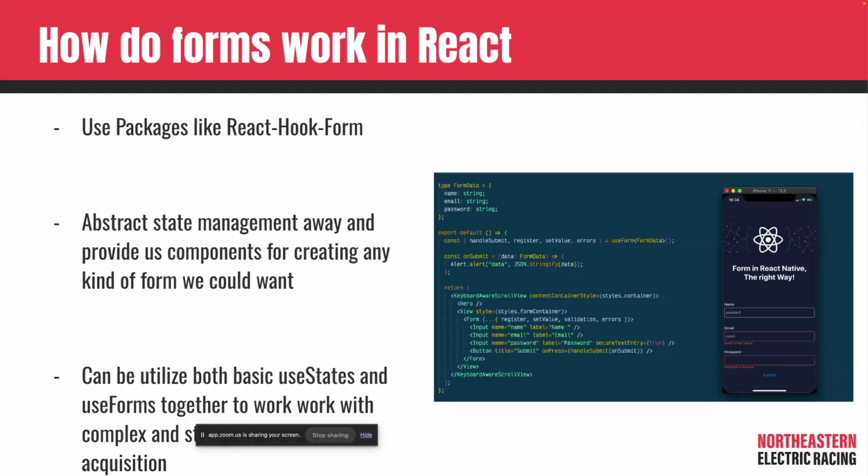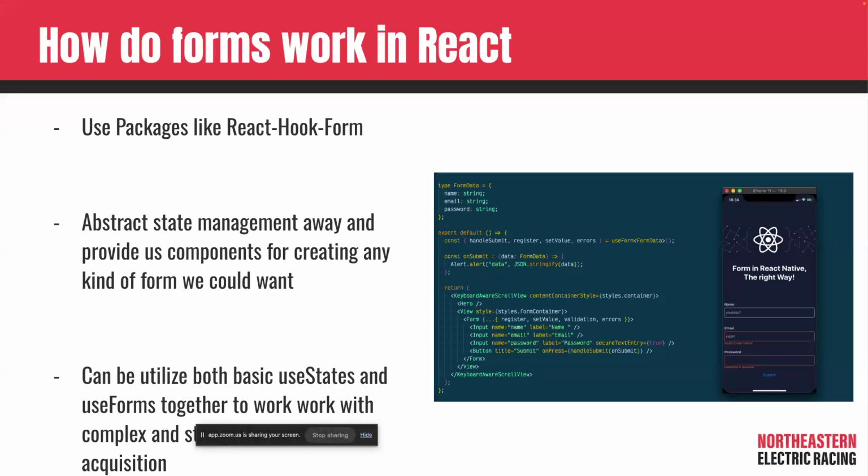What we use is a package called React Hook Form, which abstracts away some of the very technical stuff behind the form, and it allows you to basically have access to some of these values like handleSubmit, register, setValue, errors. And you know, what's the syntax again? I just said it. It's what we use for React Query too.